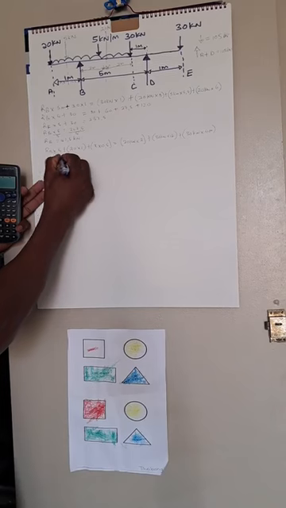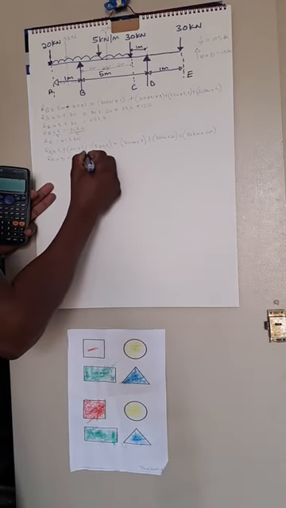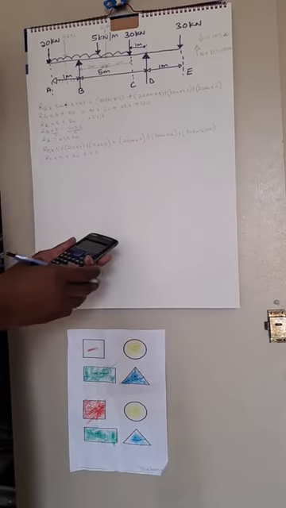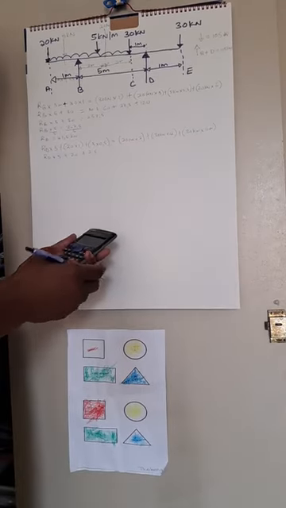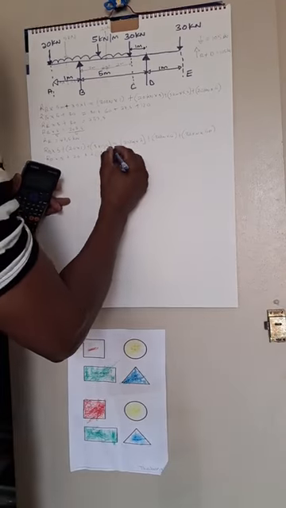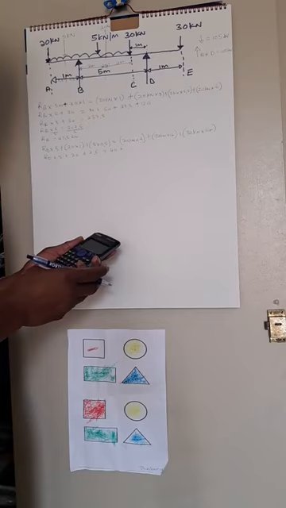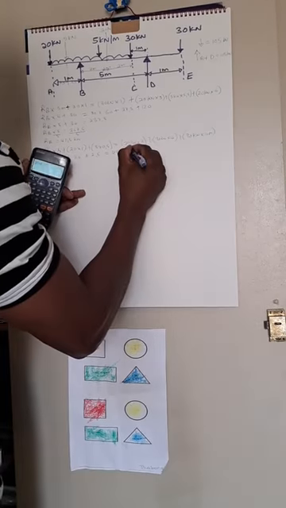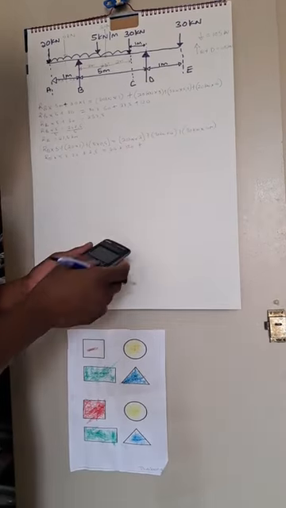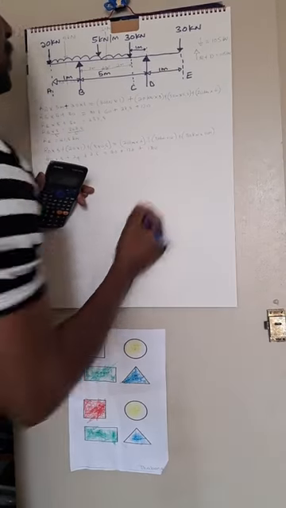Reaction at D times 5 plus 20 plus 2.5, and then equals 20 times 2, we have 40, plus 30 times 4, we have 120, plus 30 times 6, we have 180.